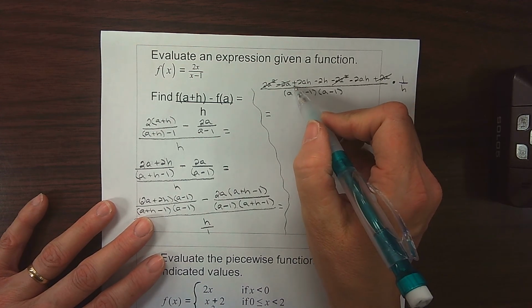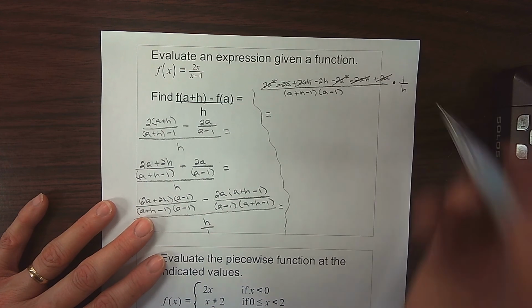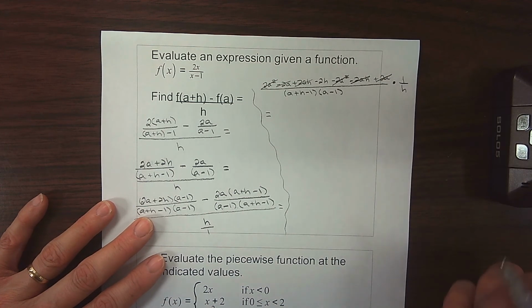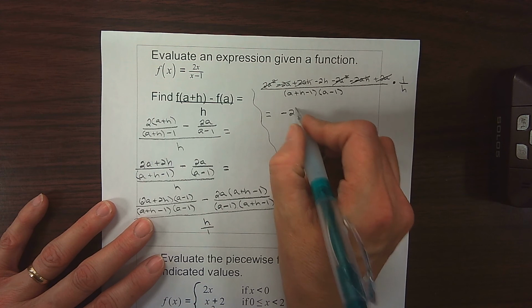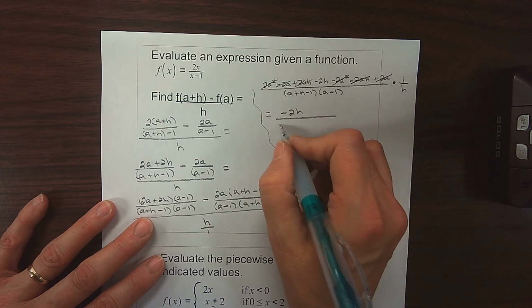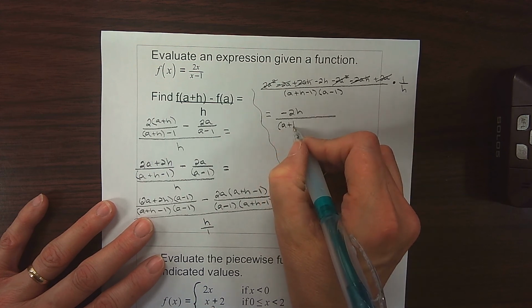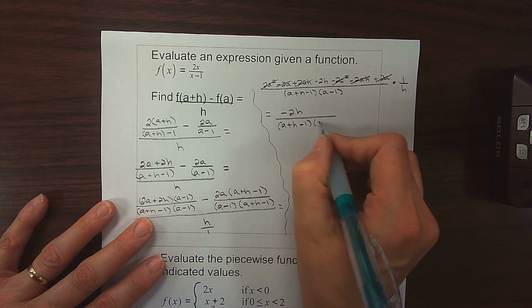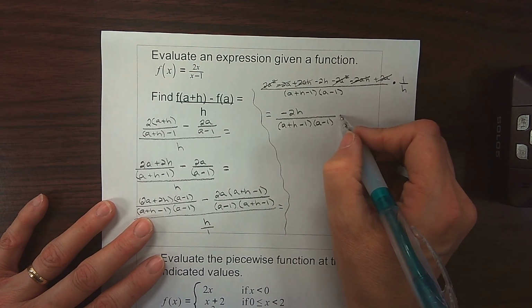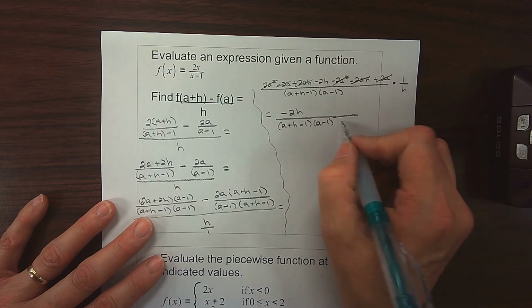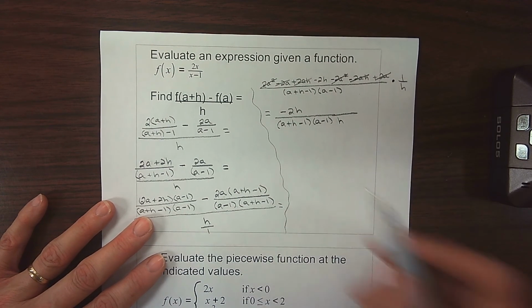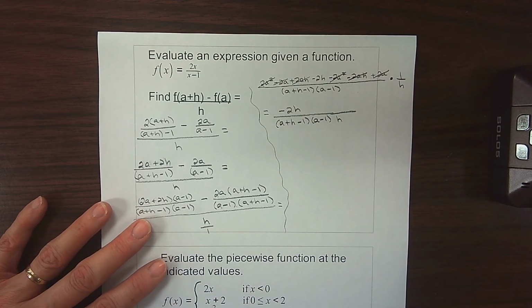I've got a positive 2ah and a negative 2ah. And the only thing left in the numerator now is negative 2h over a plus h minus 1 times a minus 1, and that is being multiplied by 1 over h, which means that I also have now another factor of h just sitting in the denominator here.